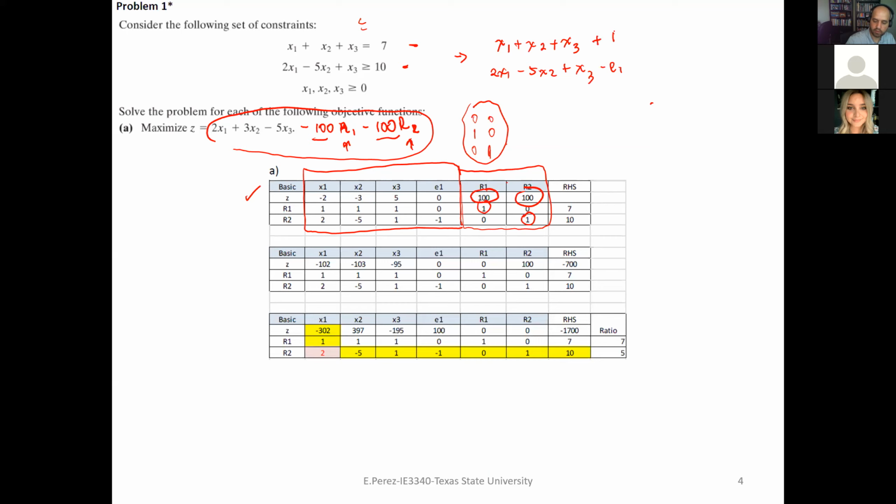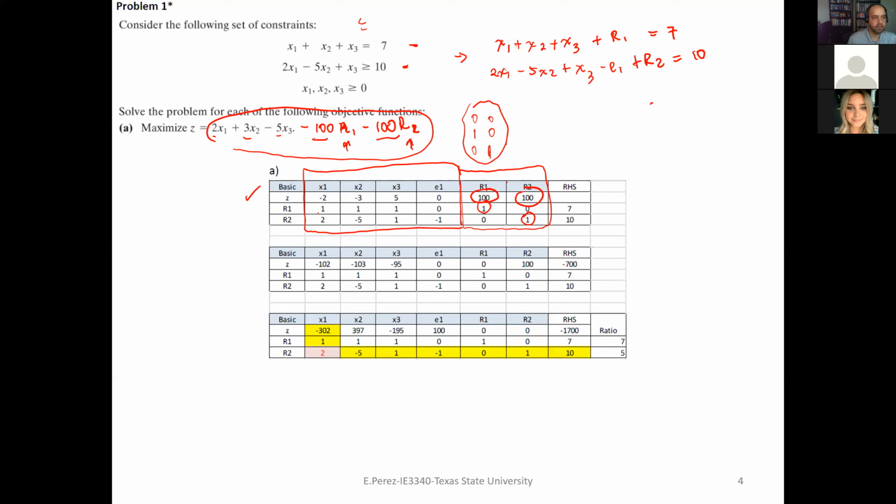So this is plus R1 plus R2, and this is going to be equal to 7, and this is going to be equal to 10. At this point, we want to set up the initial tableau. We do that using the coefficients in the objective function: 2, 3, 5, minus 100, minus 100.